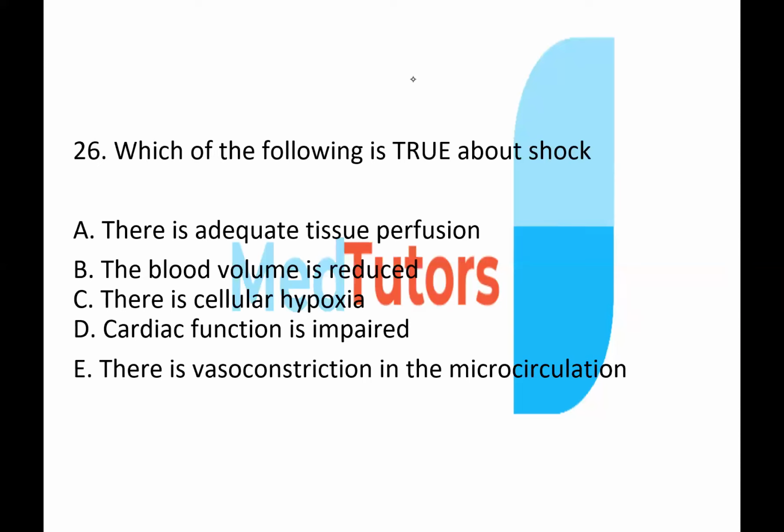A, there is adequate tissue perfusion. B, the blood volume is reduced. C, there is cellular hypoxia. D, cardiac function is impaired. E, there is vasoconstriction in the microcirculation.